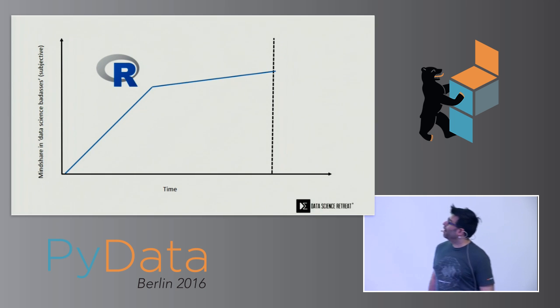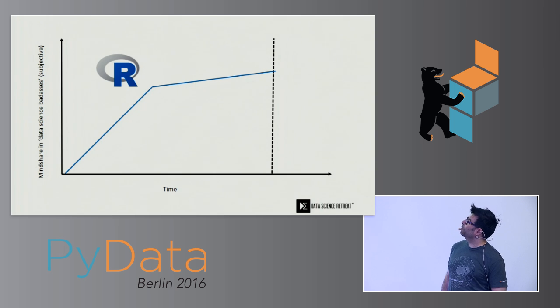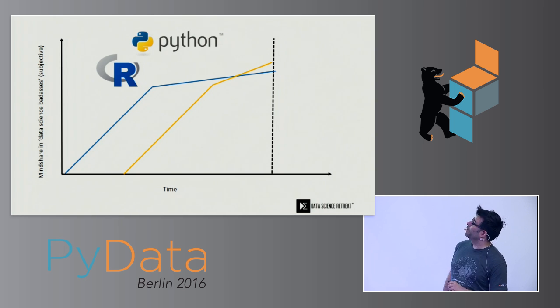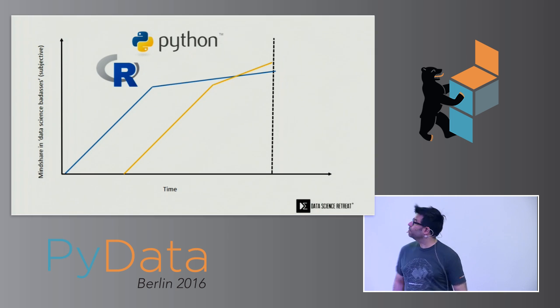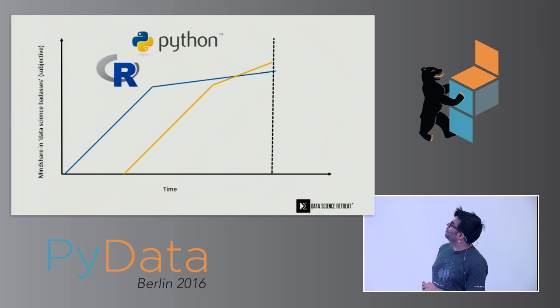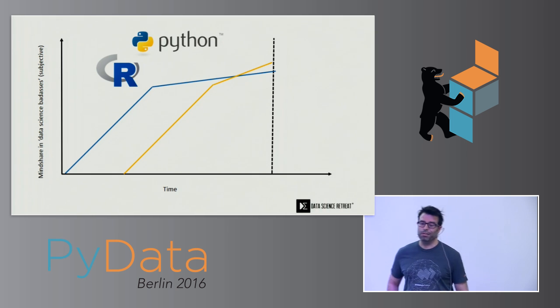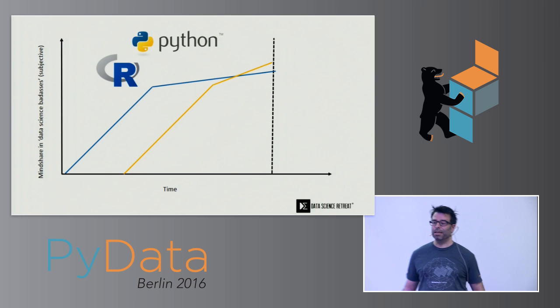I think R was super hot up to a certain point. It keeps growing, but it sort of got taken over. I don't have empirical data for this. This is just my gut feeling, basically from talking to data science badasses. So this could be not over, could be far ahead. I have no clue. I just drew something that's my gut feeling.